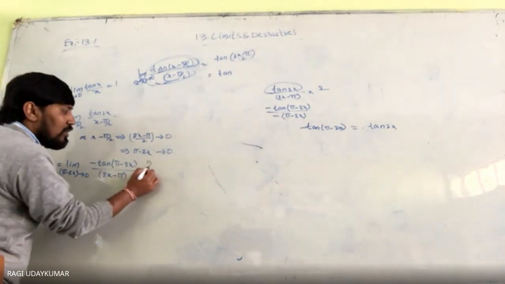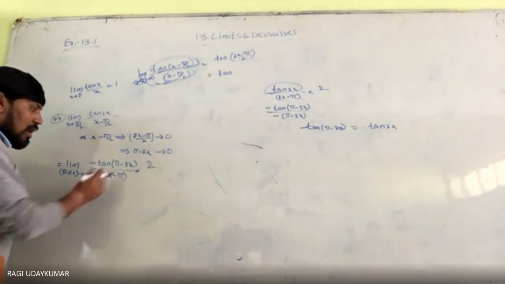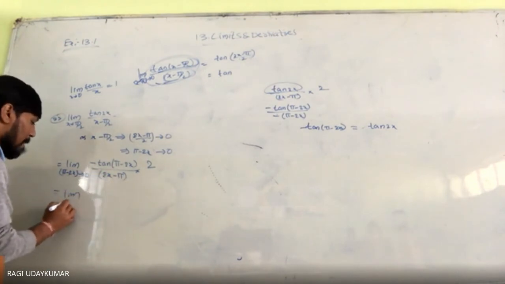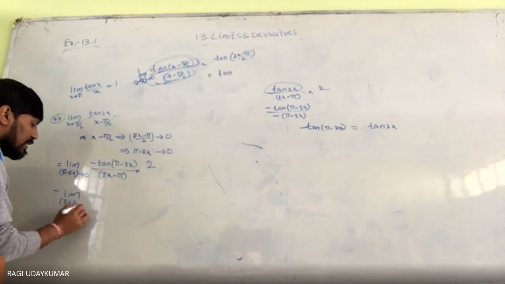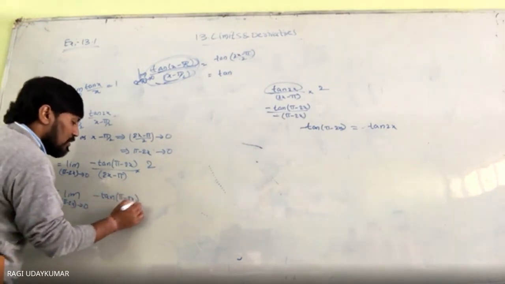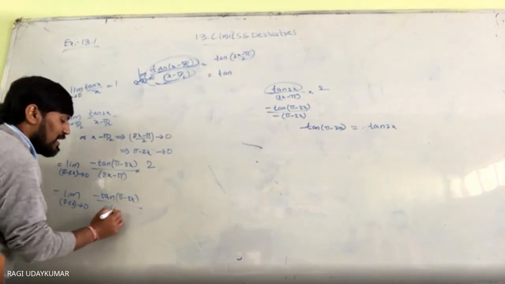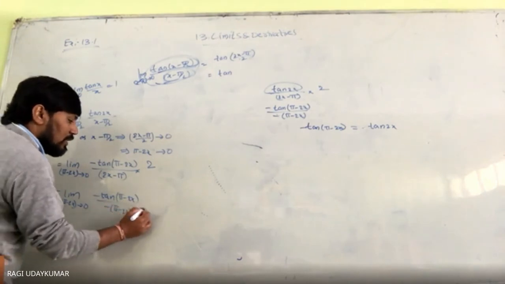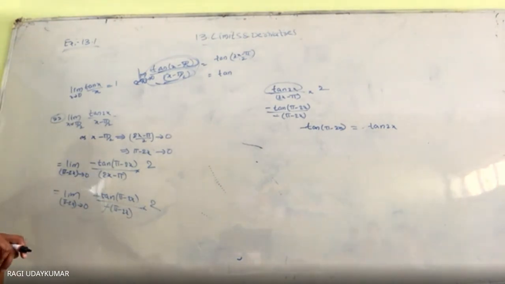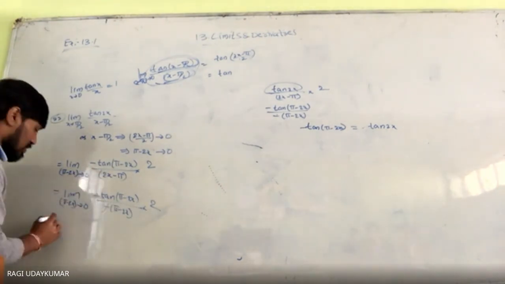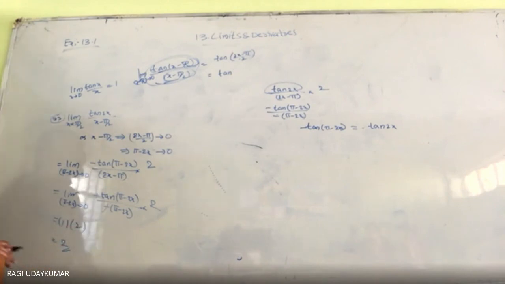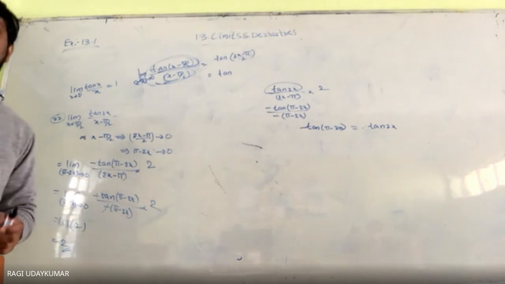Then the 2 in the numerator goes, and from this you take the minus. So limit as pi minus 2x tends to 0 of minus tan of pi minus 2x by minus pi minus 2x into 2. Minus will get the answer. Now this is equal to 1 into 2. Actually, getting the key idea is the only difficult part.